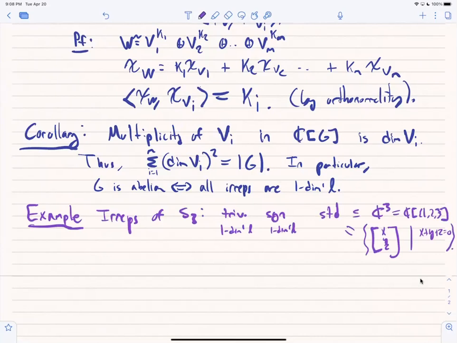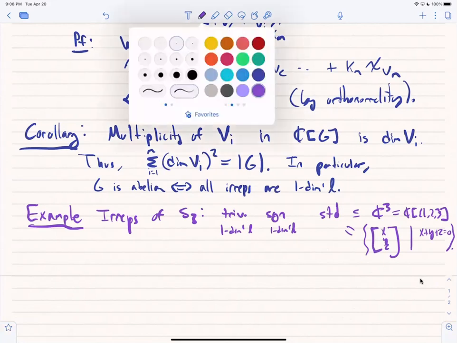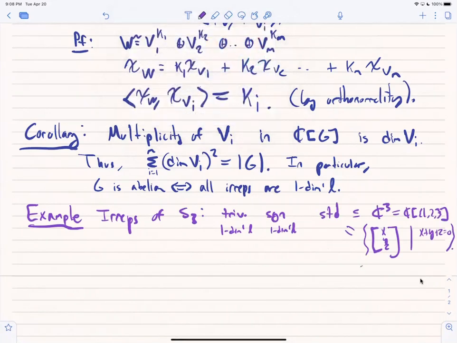So I'll give you another way to check in a moment that that's irreducible. Actually, maybe we'll do this as an exercise in class. But okay, good. These are the 3 irreps, and this one is 1-dimensional, and this one is 2-dimensional.